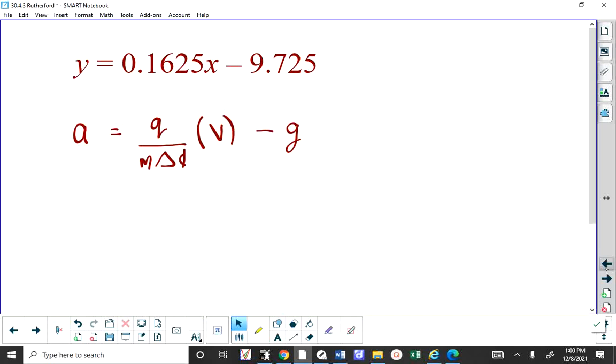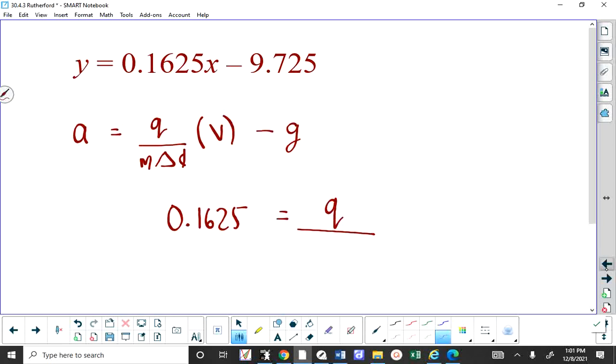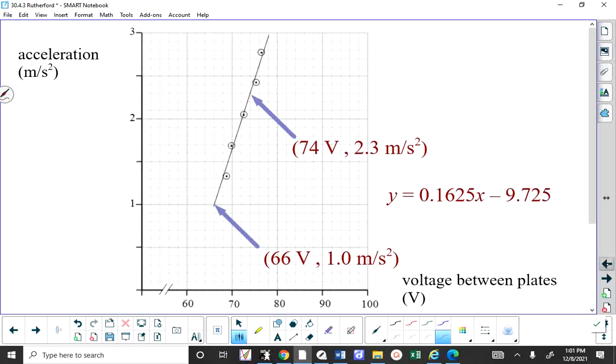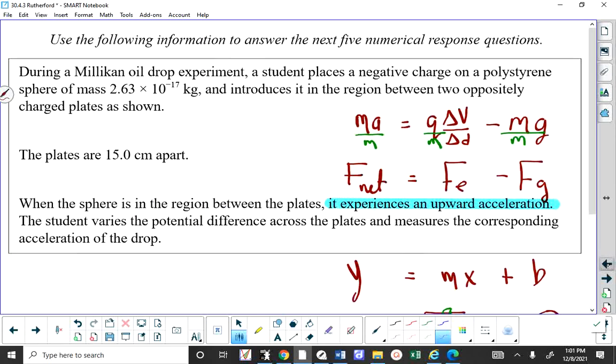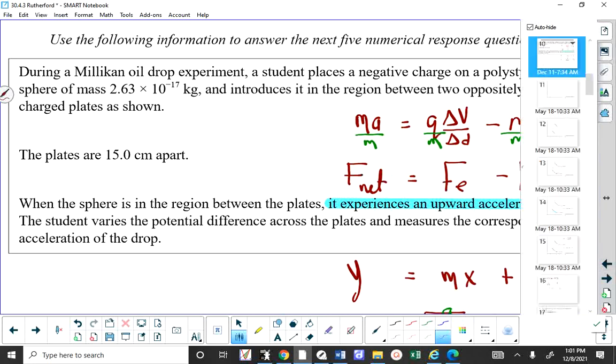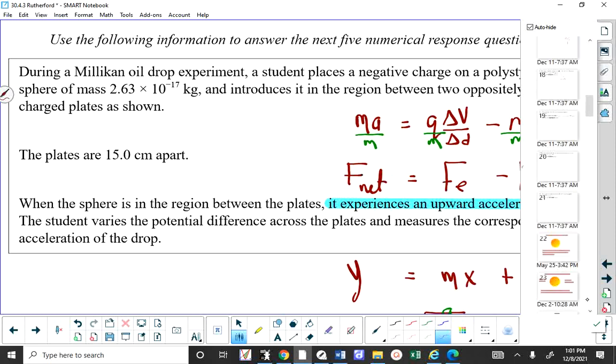So the slope, which is 0.1625, has to be equal to the charge over the mass times the distance between the plates, which, you have to be told these numbers. I just have to go back and look at them. The mass is 2.63 times 10 to the negative 17. Let's see if I can remember these numbers. 2.63 times 10 to the negative 17.